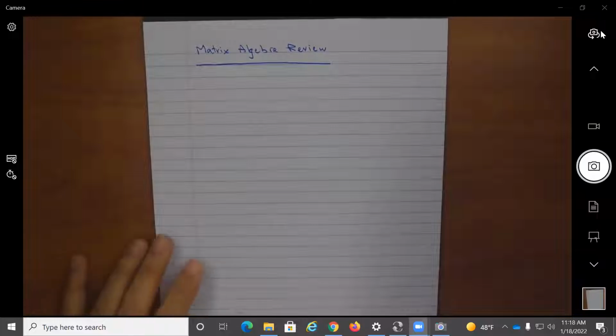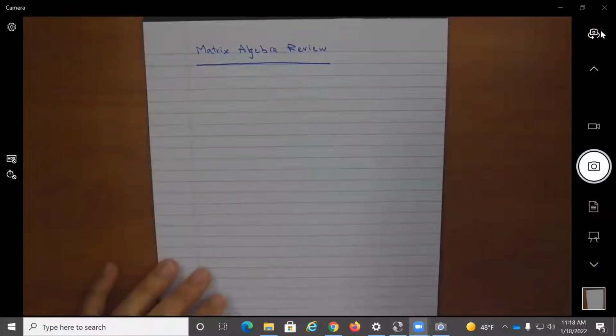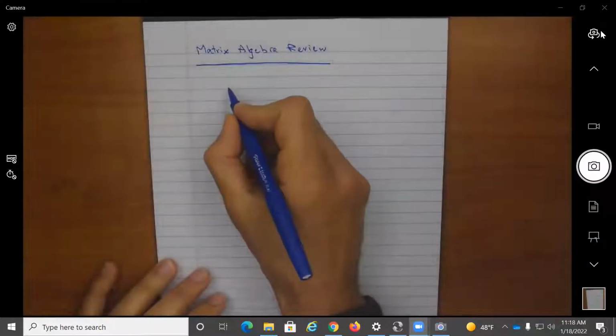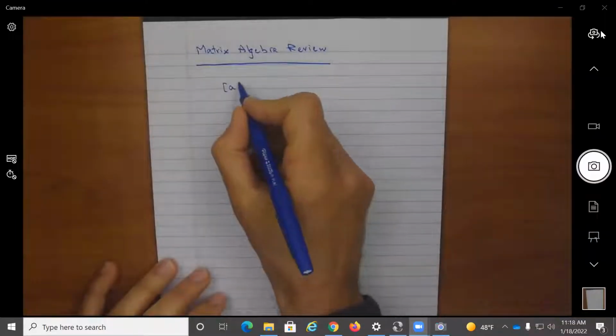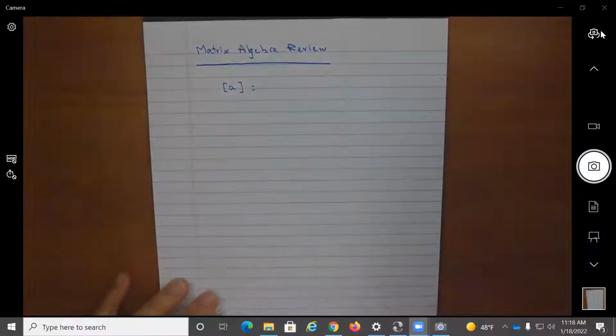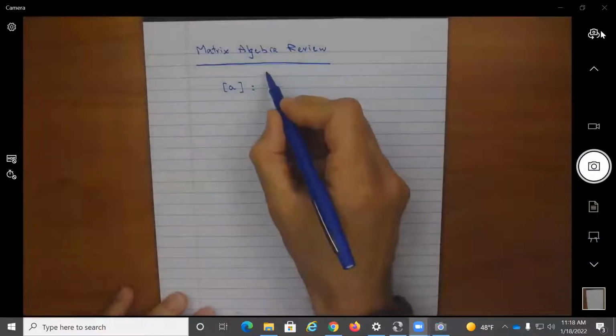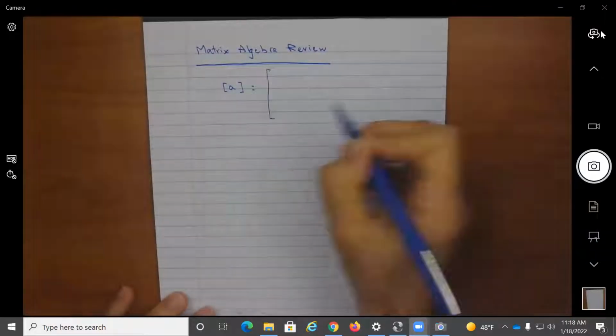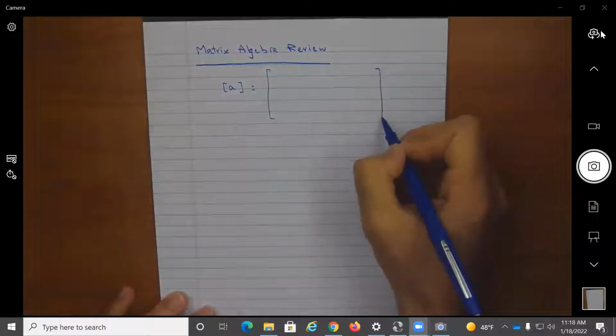Okay. So as you all know, a matrix is a two-dimensional array of numbers. So usually a matrix A would be represented by these two dimensions.